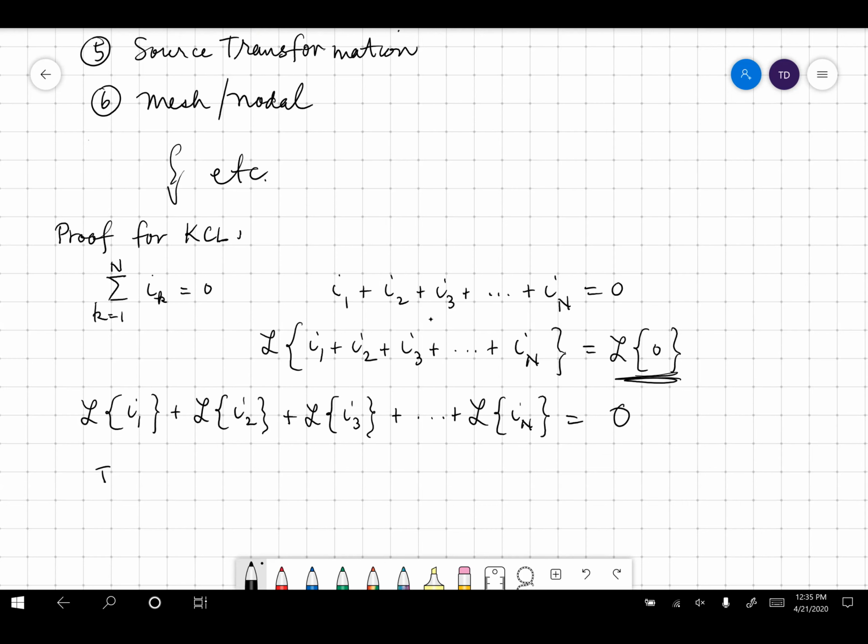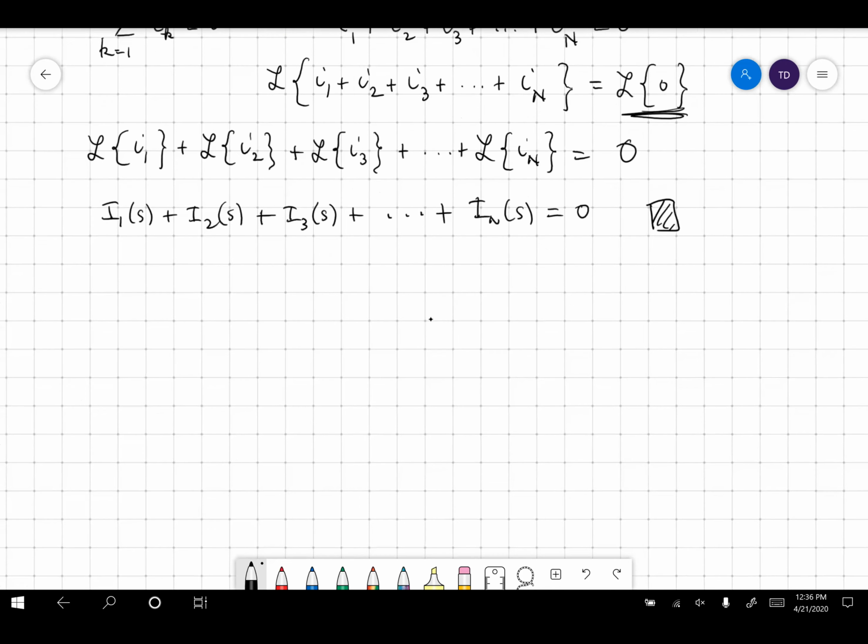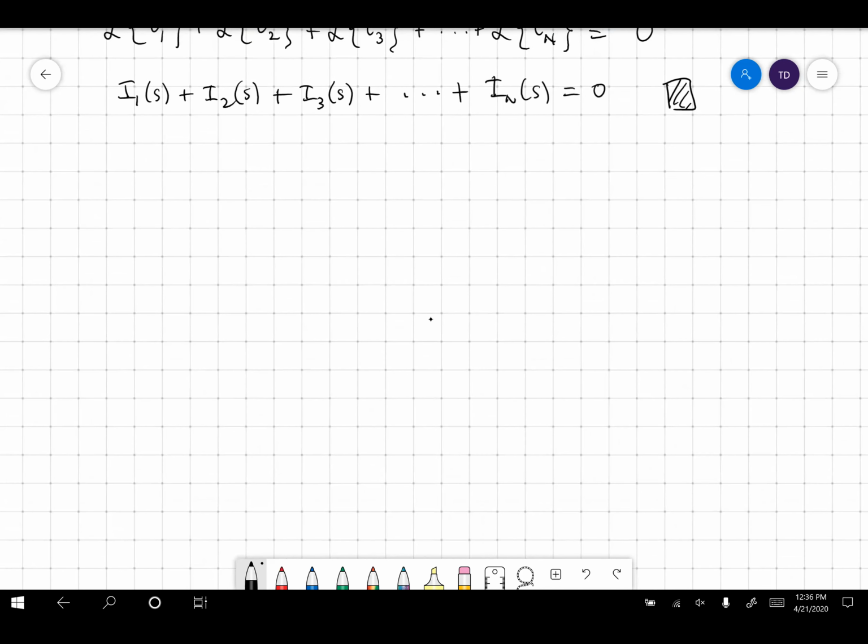Laplace transform of I1 of S, plus I2 of S, plus I3 of S, plus IN of S equals 0. Proof, QED, done. Sum of the currents is equal to 0. Doesn't matter whether you do it in the time domain or in the frequency domain. It does not matter. So I'm not going to spend a whole bunch of time going over all of those and proving to you that they all hold in the frequency domain. I just want you to know they all hold in the frequency domain.